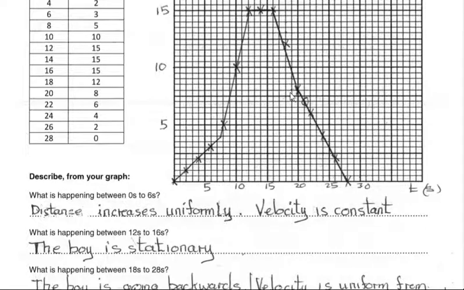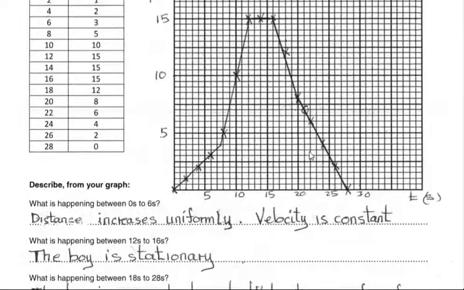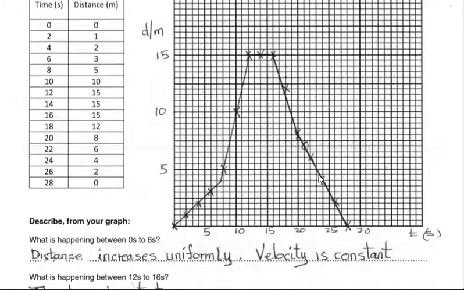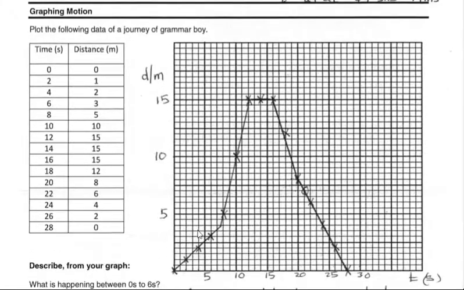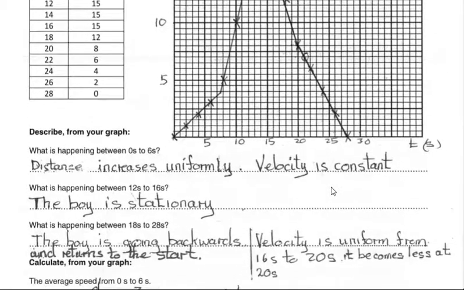So what's happening along this part? Well, again, it's a straight line, but what's happening to the distance is decreasing. So the buoy is going backwards, right? So there's less distance being covered over time. It's really strange. So what could possibly be going on is the buoy is going backwards and returns to the start.